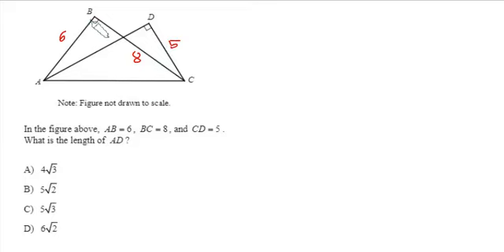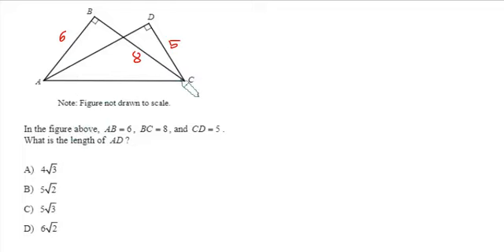Now as you can see, triangle ABC is a right triangle where the two sides are 6 and 8. So what is AC? Once we find AC, then again this will be a right angle triangle, so we know two sides and can easily find the third side. That is how we will proceed to solve this question.